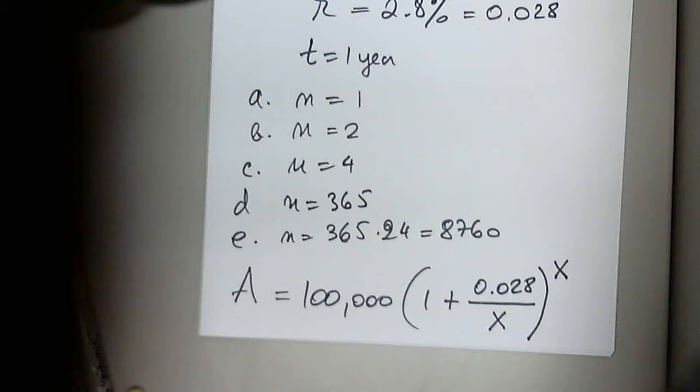So 100,000, parentheses, 1 plus 0.028 divided by x. Here's x. Let me know if this is okay so far. We didn't finish. And we have to put the power, and I always put parentheses around the power. So 100,000 times 1 plus r divided by n, everything raised to n times t, but t is 1. So that's why I only put n, or x in this case.